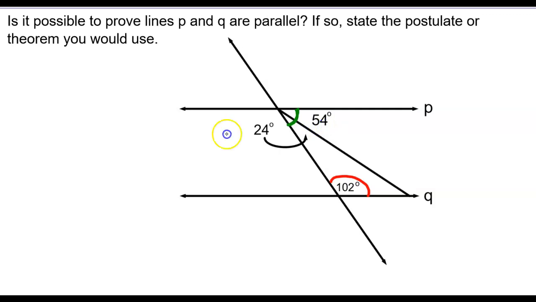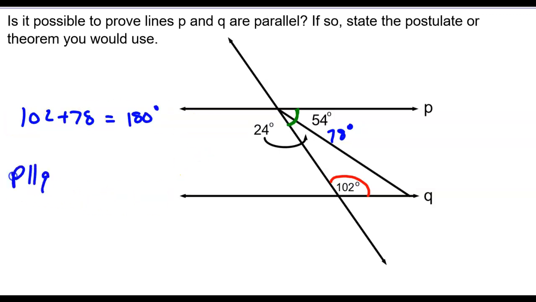So we take 54 and 74 and we add them together, which would make 78. And then we see if they are supplementary. Is 102 plus 78 going to equal 180? And yes, it does.